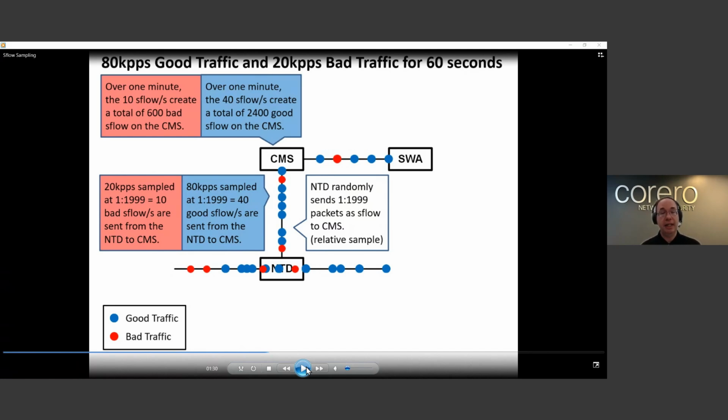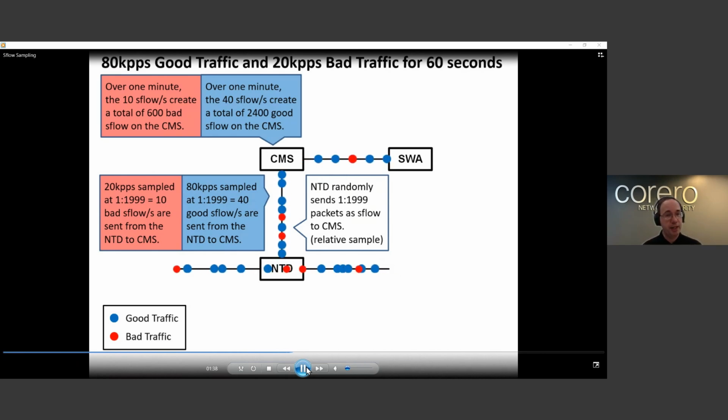Now, in addition, I have 20,000 PPS bad traffic. So now I'm getting 10 bad samples a second also sent to the CMS. So makes sense. I'm doing 1 out of 2,000. I have 100,000 PPS. So that should be 50 samples a second that's going from the NTD to the CMS, right? Now, the CMS every second has to pick 5 of those and send them to the SWA.